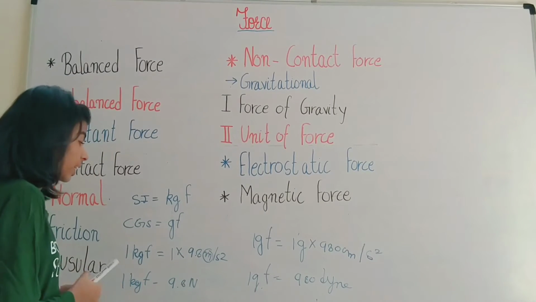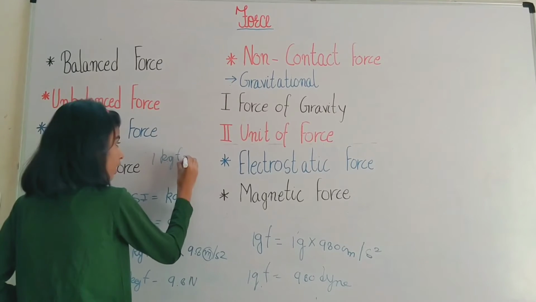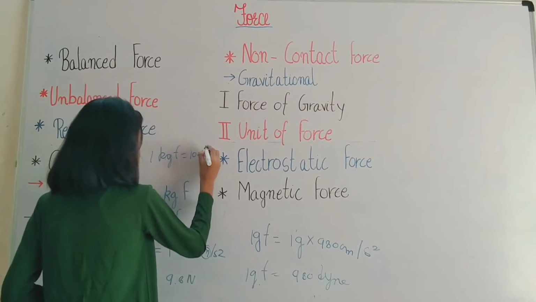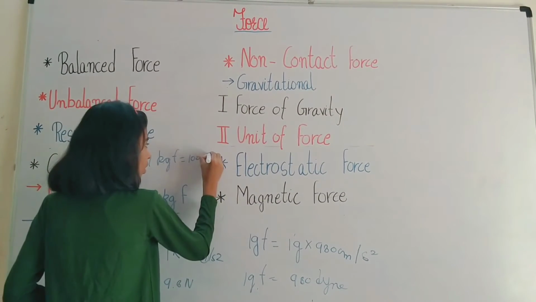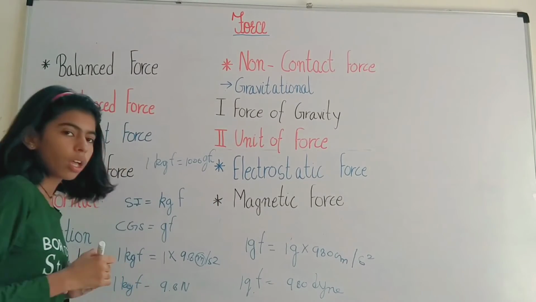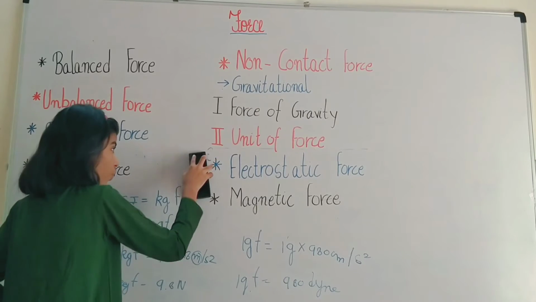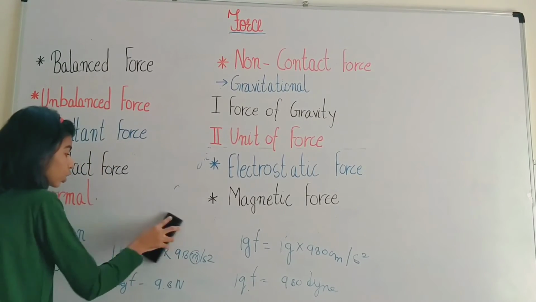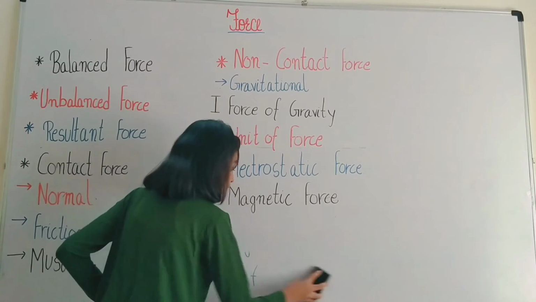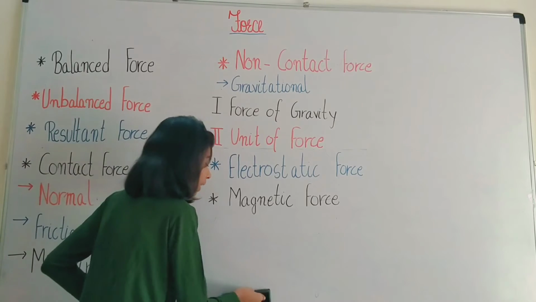If we further calculate, 1 kg force is equal to 1000 gram force. As we calculated, 1 kg force is approximately equal to 10 Newton. So of course 1 Newton is equal to 0.1 kg force, and 1 Newton is equal to 100 gram force.